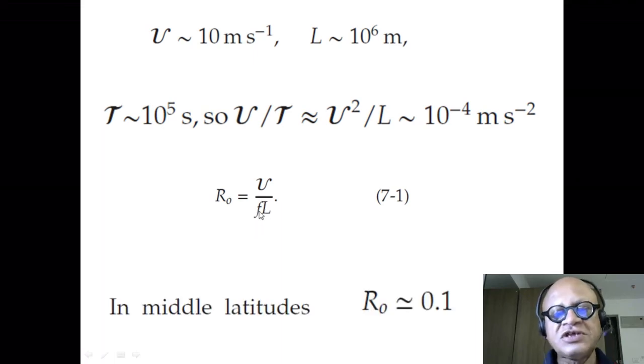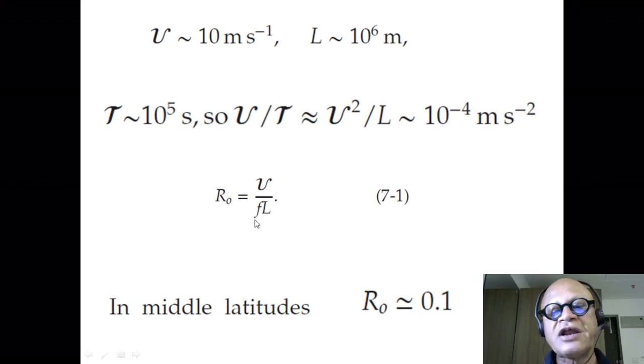The acceleration is then compared with f, the Coriolis acceleration. In the mid latitudes, we'll see that the Rossby number turns out to be about 0.1. Why is that? Because f, as you remember, depends on latitude. Obviously, as you come closer to the equator, f becomes small, and on the equator, f is 0. So the Rossby number is not very small in the deep tropics.